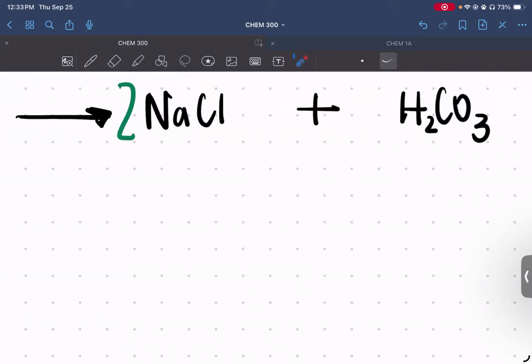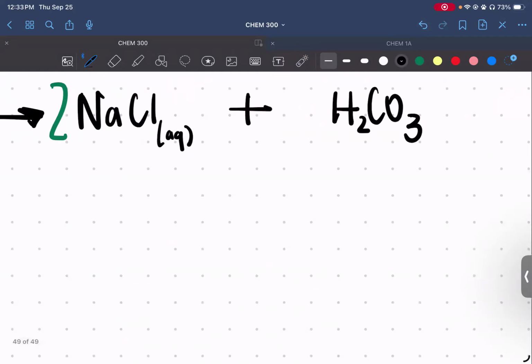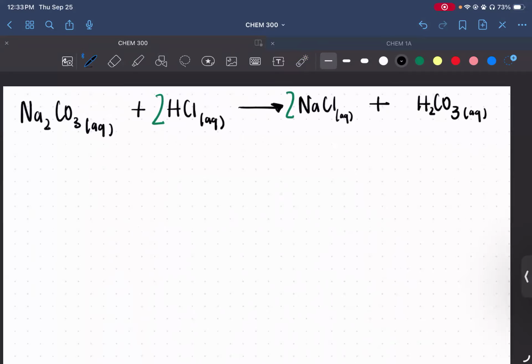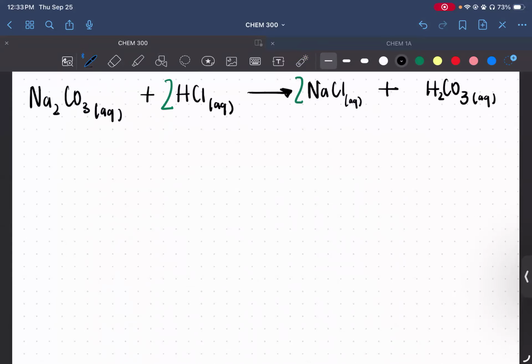All we have left is our state symbols. Sodium chloride is aqueous. We've talked about that at length today. H2CO3 is also aqueous. And from here, we can start the ionic equation, right? I see a couple heads shaking no. Who wants to say why not? What do I need to do? I see a hand in front.